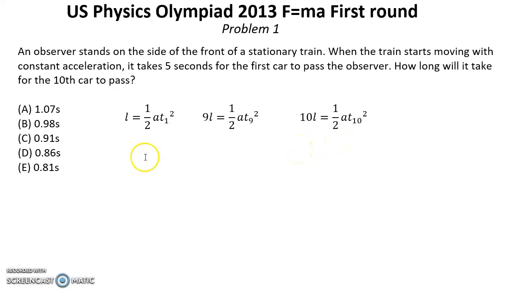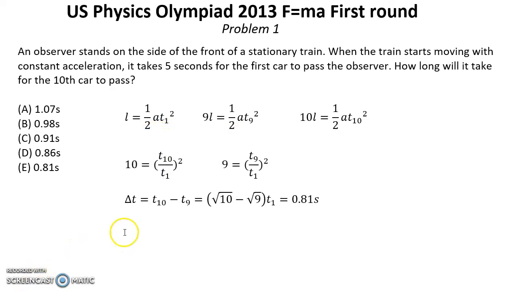Now we can divide the third equation by the first equation and the second equation by the first equation, which gives us these two relations: T10 over T1 squared equals 10 and T9 over T1 squared equals 9.